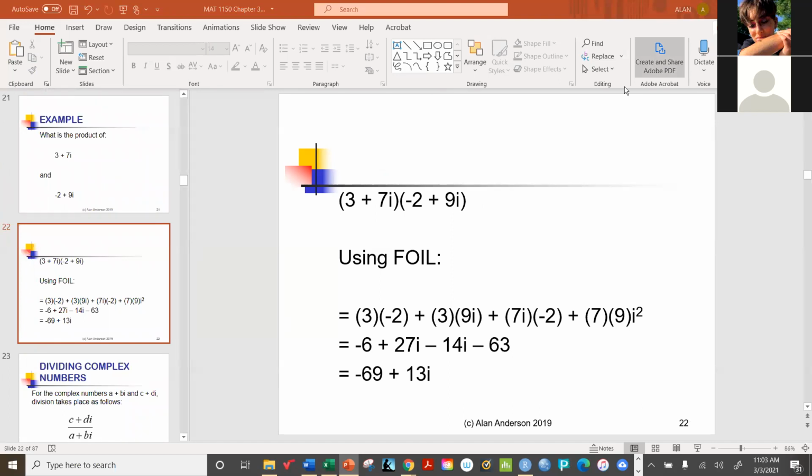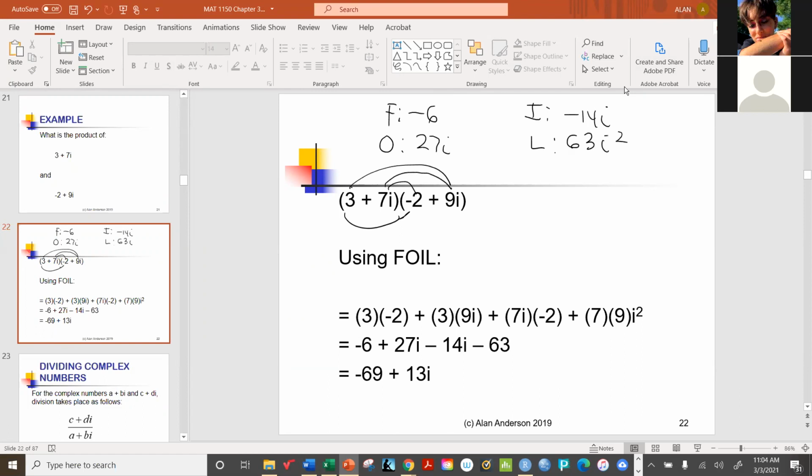And how did we get that? Well, let's write out the FOIL this way so you can really see it. So F would be here, minus 6. O is 27i, inner is here, and last would be these two, which is 63i squared. So you consolidate all these into minus 6. These we can add together directly to get 13i.